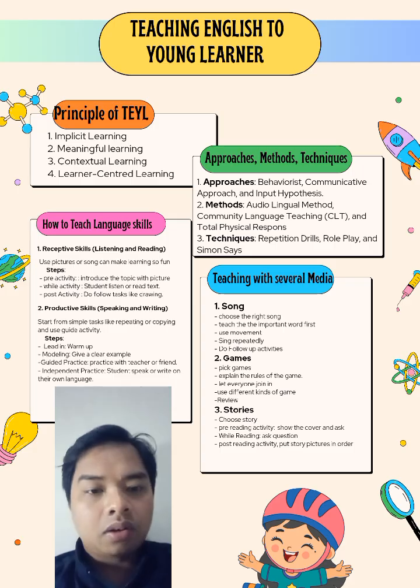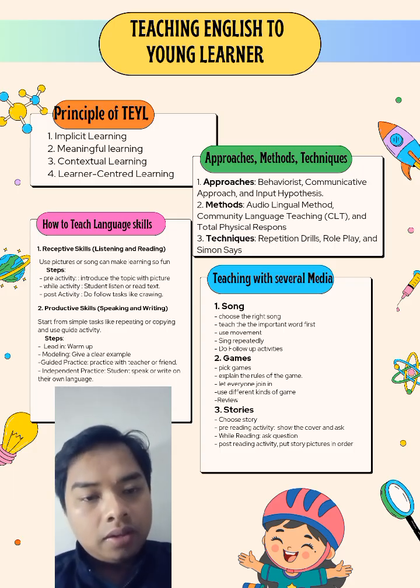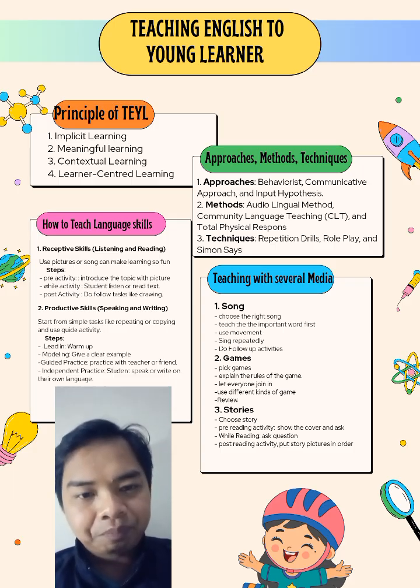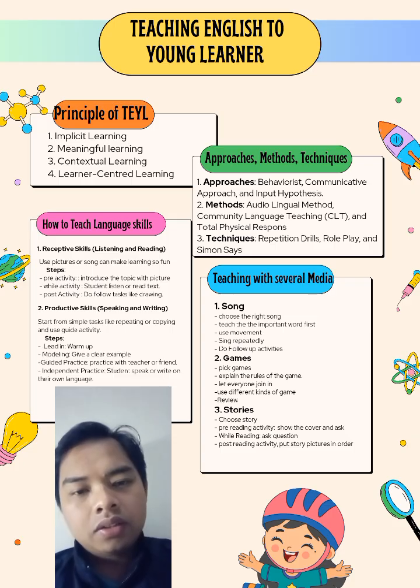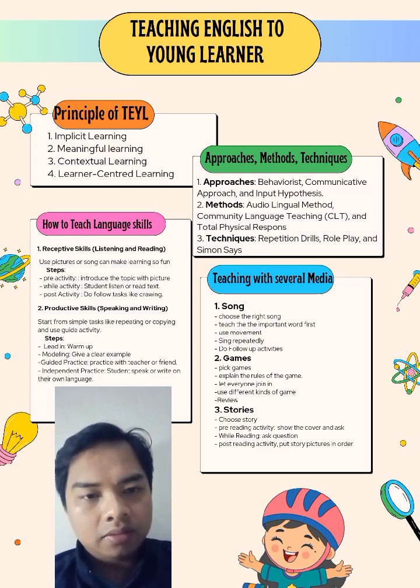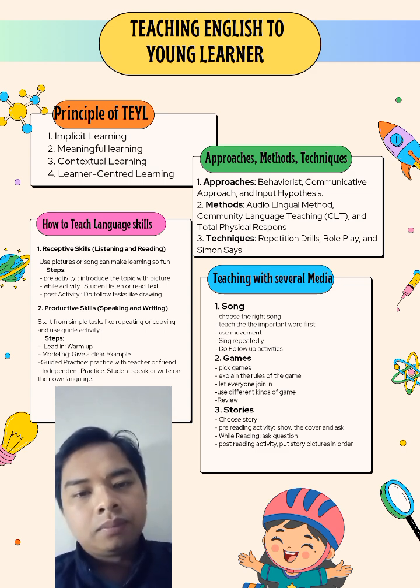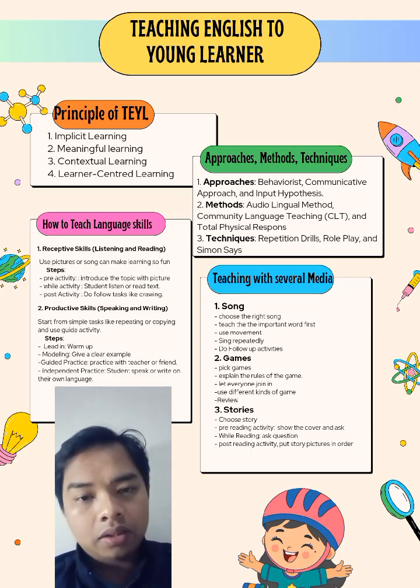So now is method. Method is the way we teach in class. And the first one is audio-lingual method. In this method student repeat sentence again and again. The goal is to make the sentences automatic.